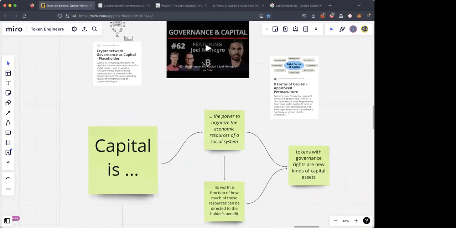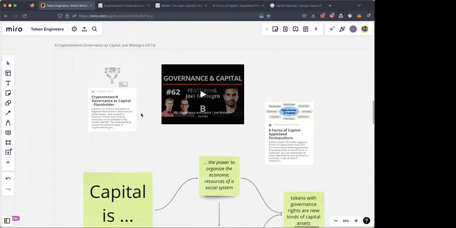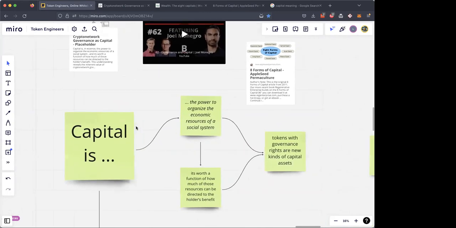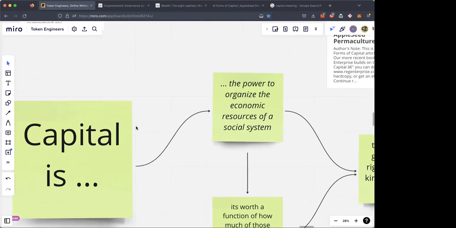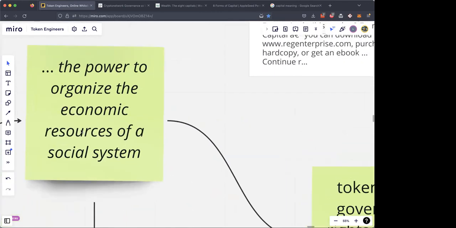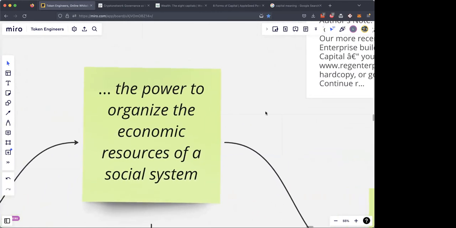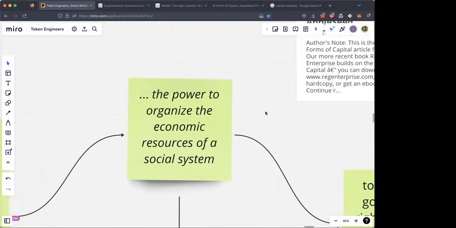But in this article, it goes a different way. It takes a look at capital as the power to organize the economic resources of a social system. So it equates capital to power. And when you think about money in that way, it follows that if you have more money, you are a capital allocator. Elon Musk is a great capital allocator, is what they say, or Jeff Bezos.